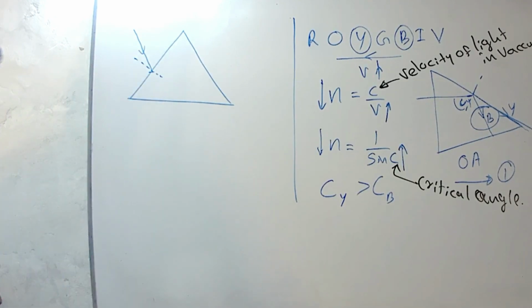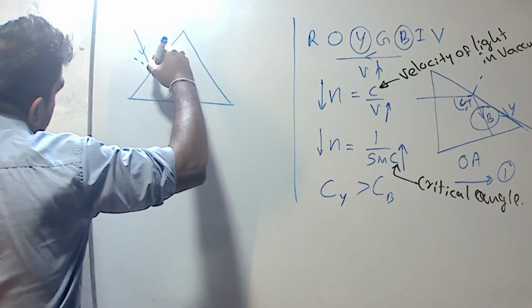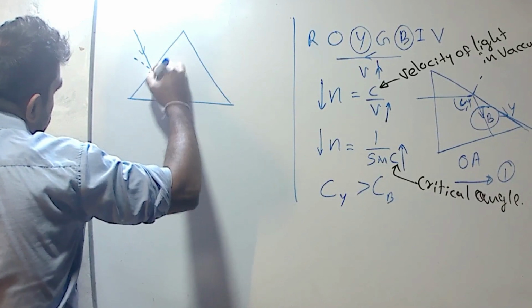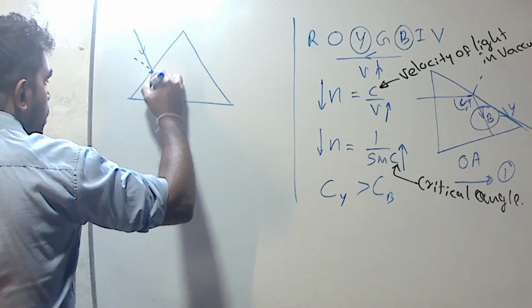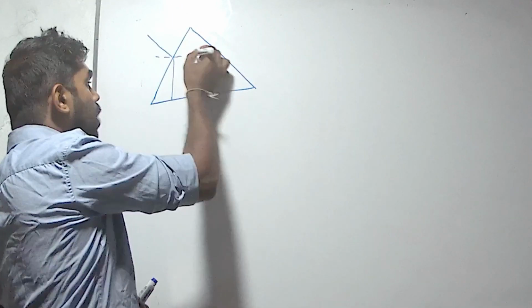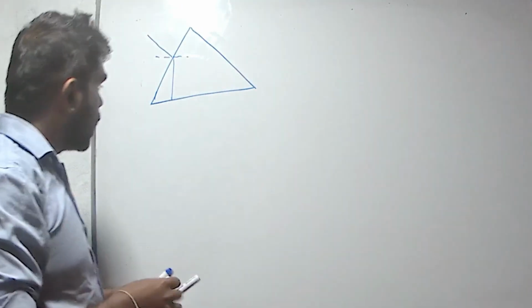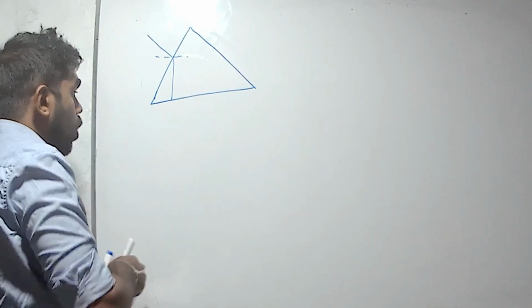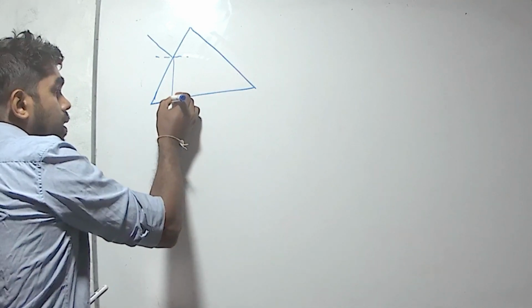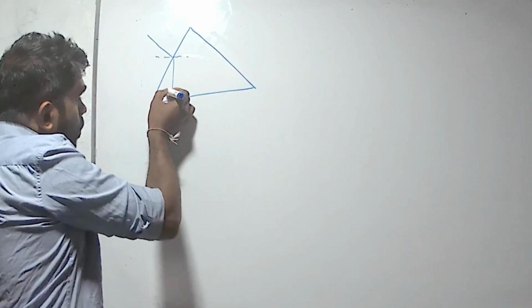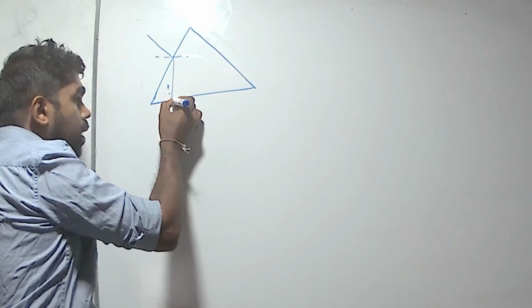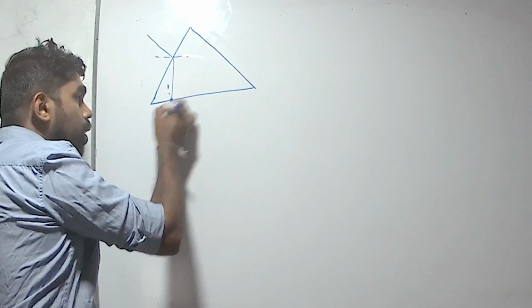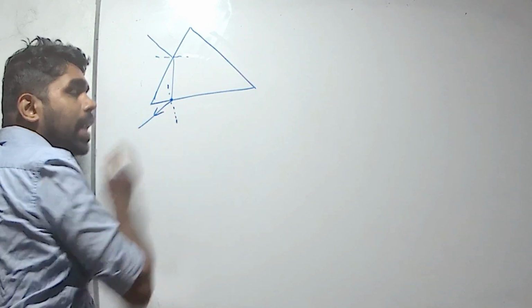Then this ray should deviate from the perpendicular line. This perpendicular line. Then after incident on this surface, we can draw the perpendicular line as this one, and the ray should deviate from the perpendicular line again.